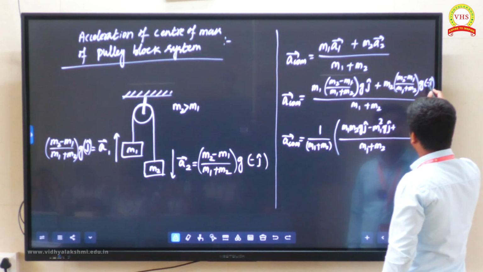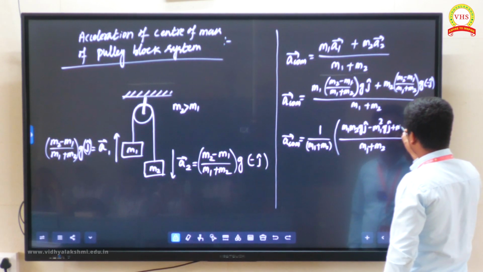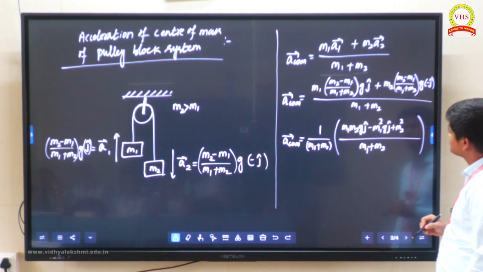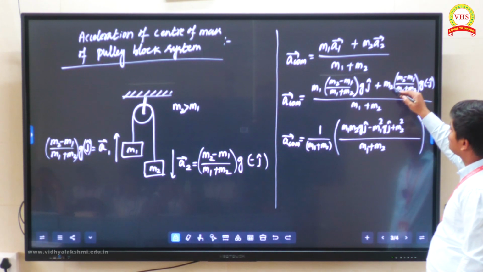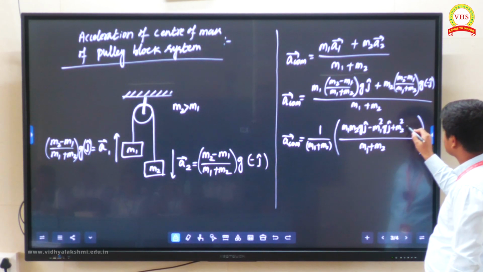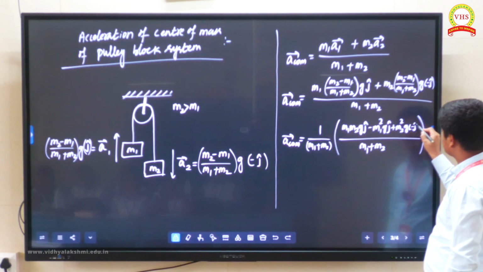Plus, same thing will happen here, minus will come, minus m2 square. m2 into m2 is m2 square into g into minus j cap.